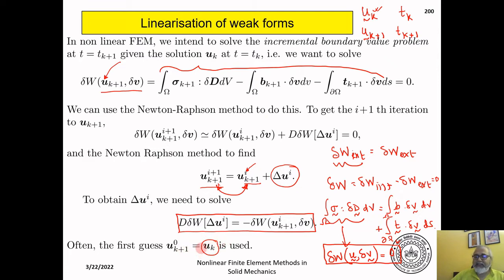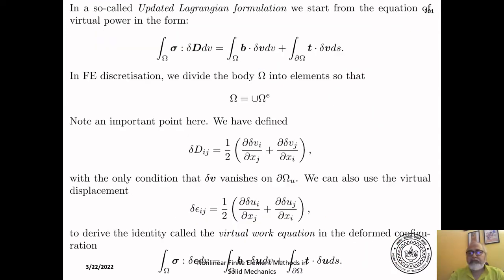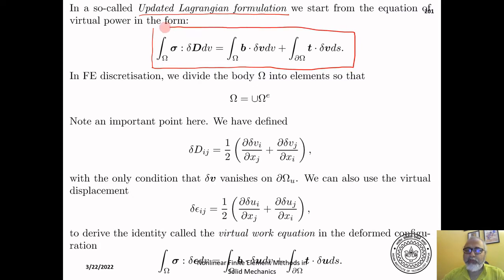That's used as the first guess for this iteration loop. So let us stay with what is known as the updated Lagrangian formulation for a while. Updated Lagrangian formulation implies that we are starting with this principle of virtual power as our starting weak form for the finite element formulation.